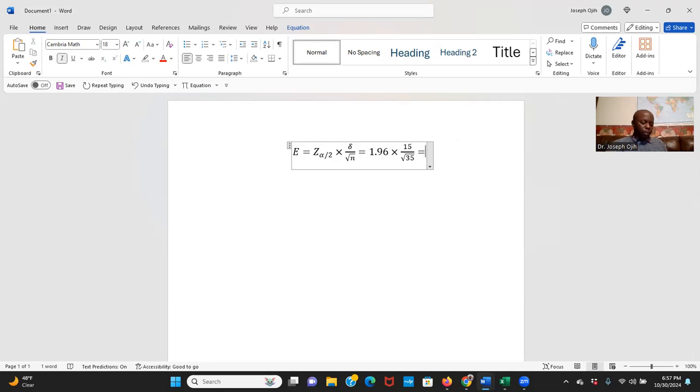Now equal. So let's plug this into the calculator. Error equals 1.96 times 15 over square root of 35. Let's put it on the calculator and get our error margin. Once we get our error margin, we're almost done with the problem.